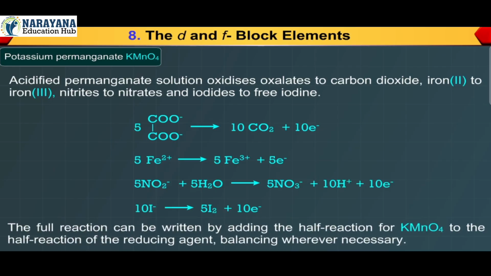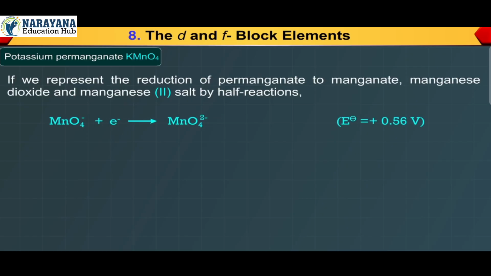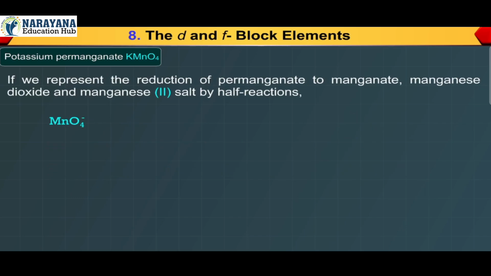The full reaction can be written by adding the half reaction for KMnO4 to the half reaction of the reducing agent, balancing wherever necessary. If we represent the reduction of permanganate to manganate, manganese dioxide and manganese(II) salt by half reactions: MnO4- plus e- gives MnO4 2-, where E standard is equal to plus 0.56 volt.